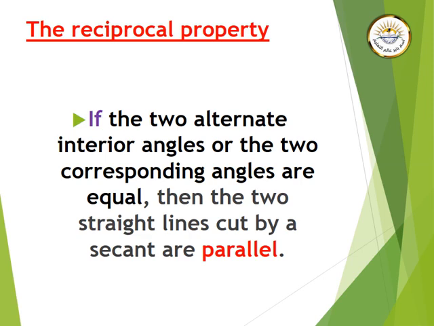So either by given the two straight lines are parallel and we conclude that the two angles are equal, or by given the two angles are equal, we can conclude that the two straight lines are parallel.